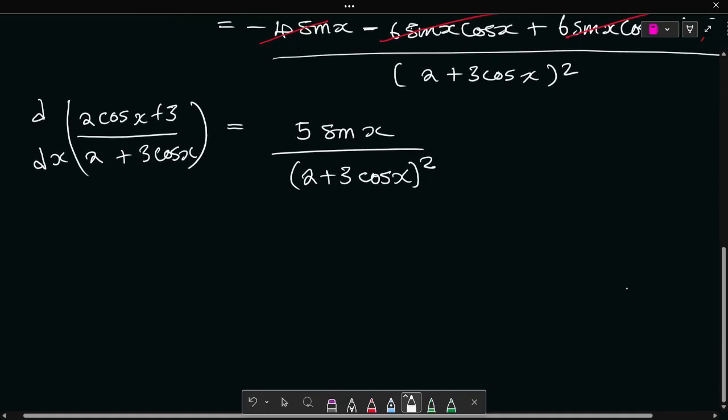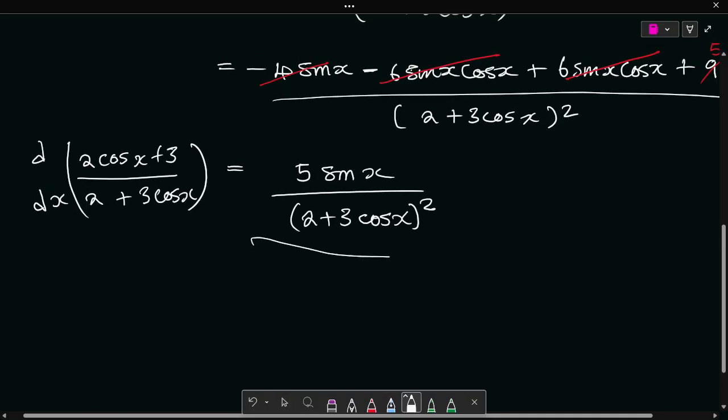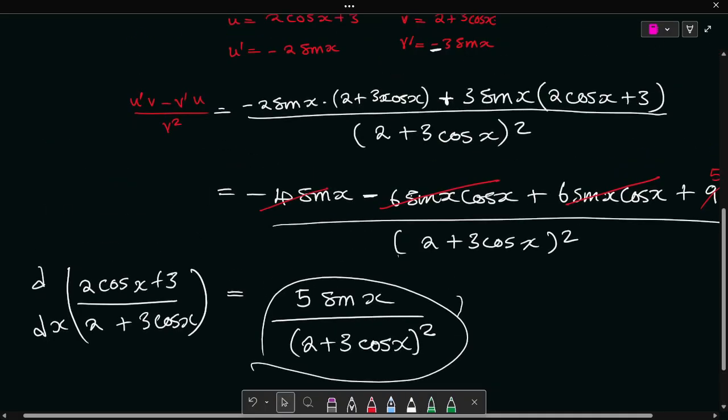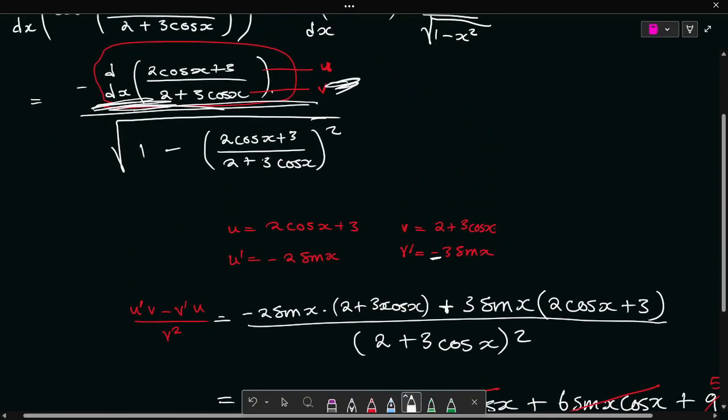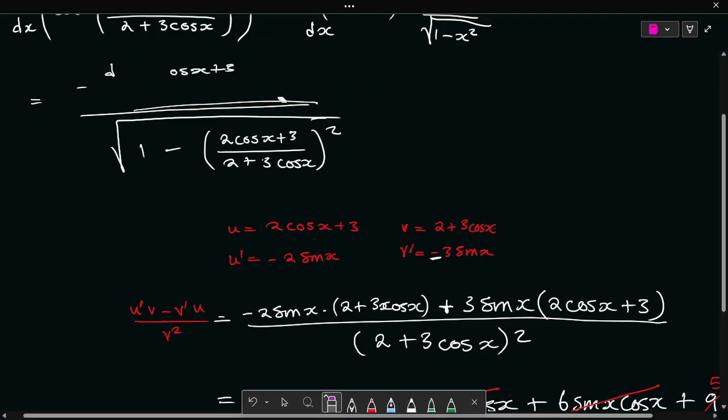When you solve it on its own, that's when you can get this answer, and then you come and replace it here. So let's remove this part and replace it with the answer that we just got.